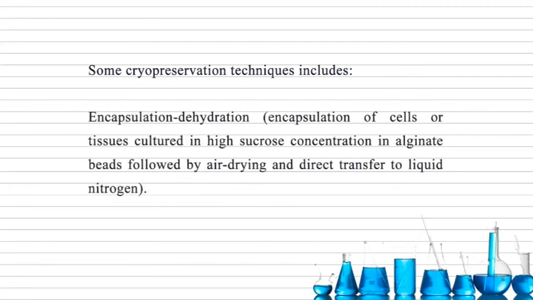Next is encapsulation dehydration, which includes encapsulation of cells or tissues cultured in high sucrose concentration in alginate beads, followed by air drying and direct transfer to liquid nitrogen.